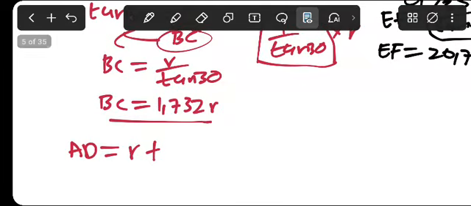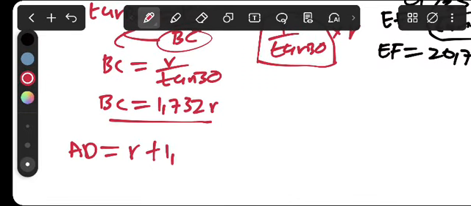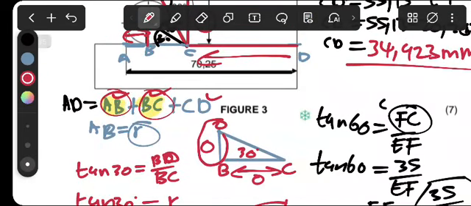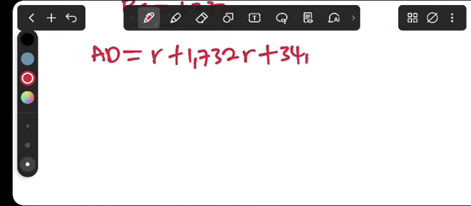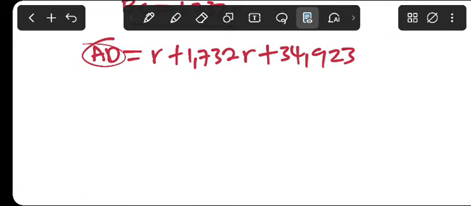It's 1.732 R. Plus we go now to CT. CT is 34.923, we've just calculated it there, plus 34.923. So we have AD.